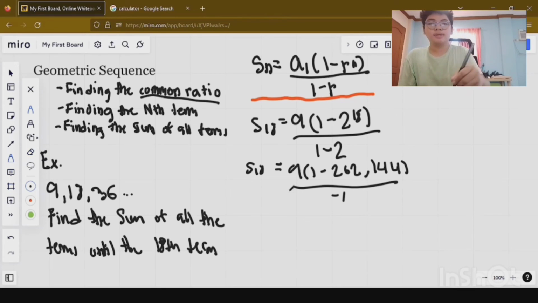The next thing we need to do is 1 minus 262,144. So that's just negative 262,143.